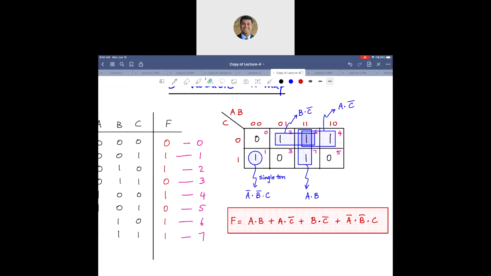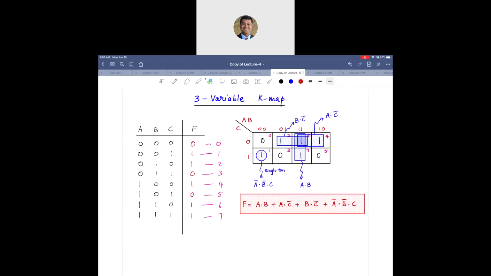All right, let's see here. Cell 5 is adjacent to cell 1, and also cell 0 is adjacent to cell 4. And also cell 0, 1 is adjacent to cell 4 and 5. We'll talk more in other examples.